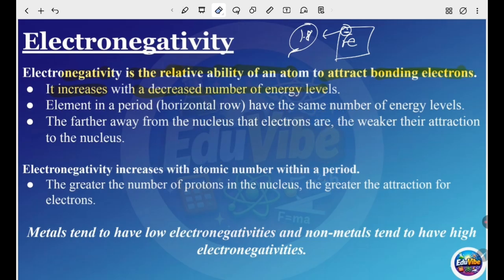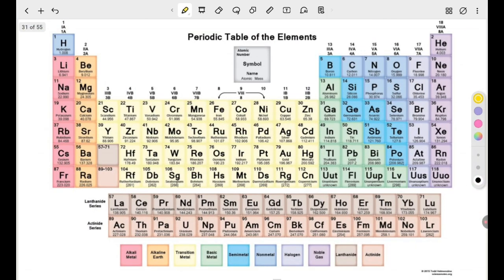Next, the elements in a period, a horizontal row, have the same number of energy levels. Like we know, these are the periods 1, 2, 3, 4, 5, 6, 7.